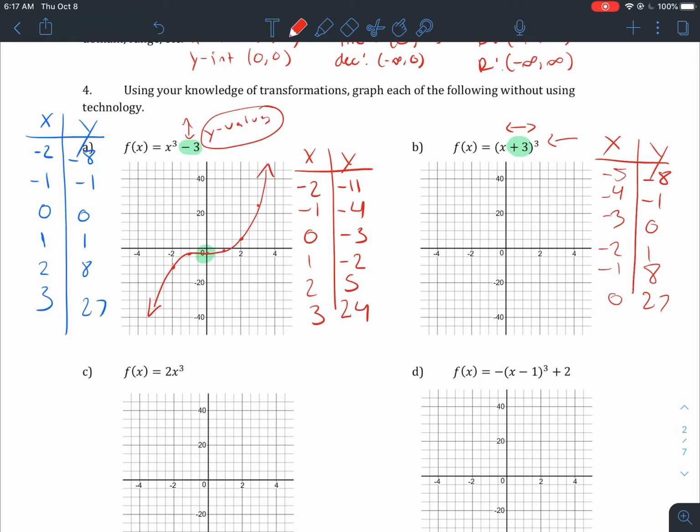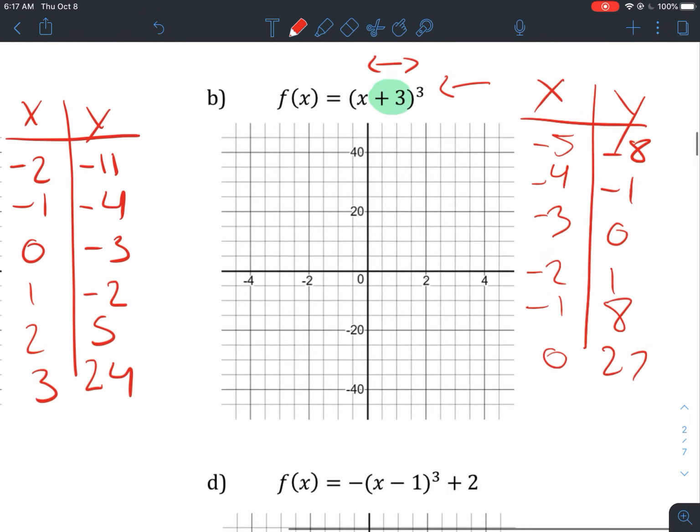So now we could go ahead and plot. So we get -5, which is kind of far. So -5 would go here. And we've got -4, -1. And then -3, 0, -2, 1, -1, 8, and 0, 27.